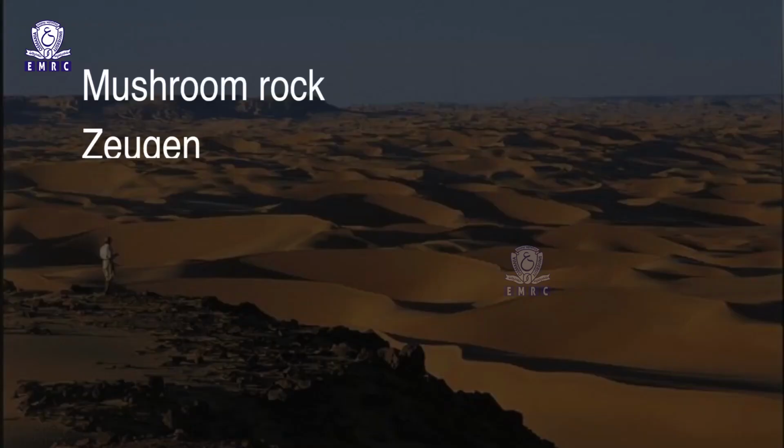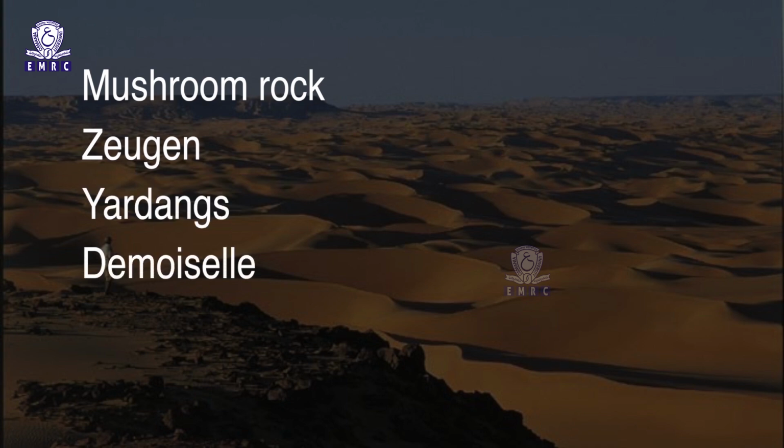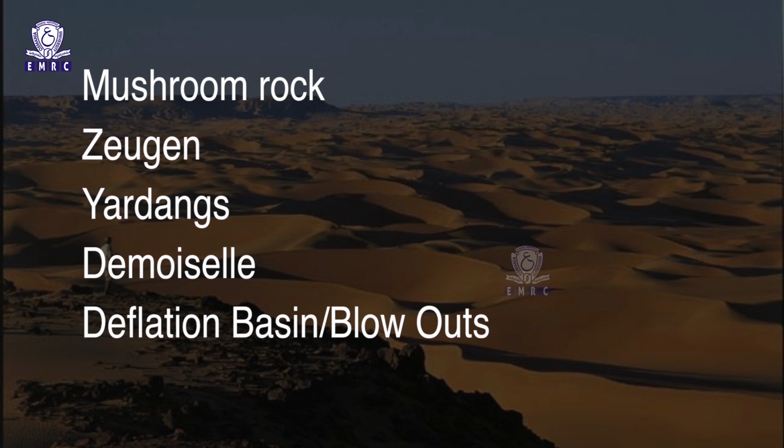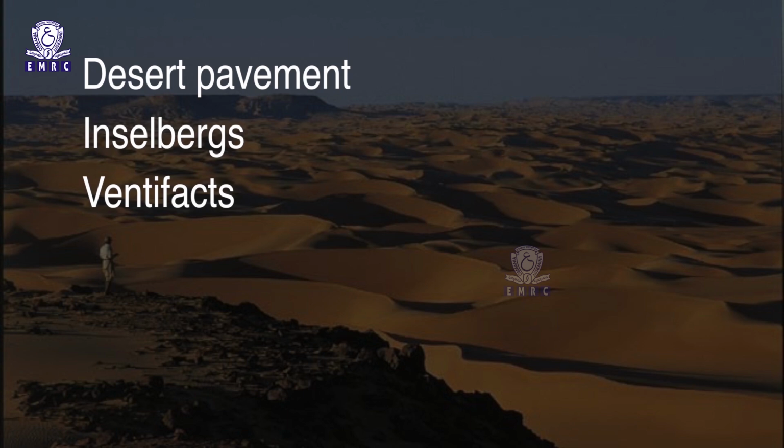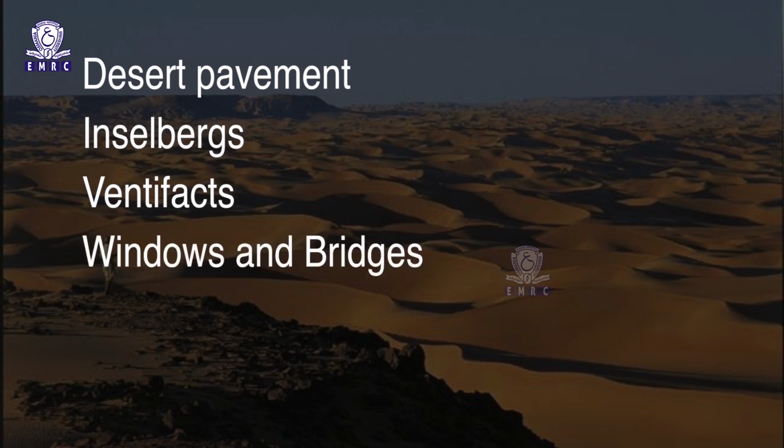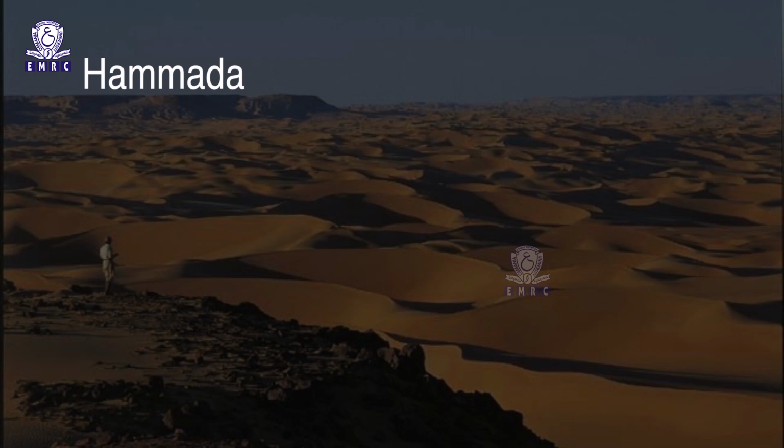Major Aeolian erosional landforms include mushroom rocks, zeugen, yardangs, demoiselles, deflation basins or blowouts, desert pavements, inselbergs, ventifacts, windows and bridges, pediplain and hamada.